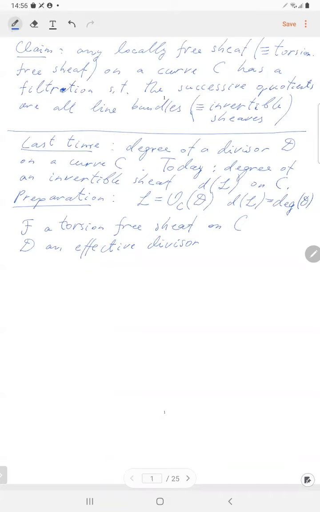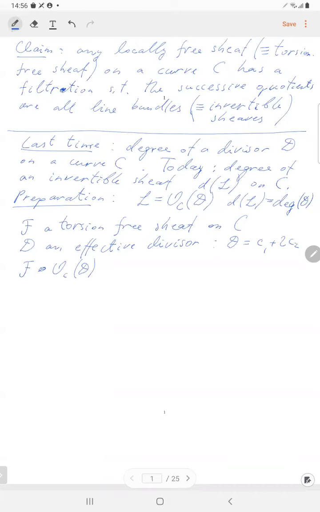Okay, we take an effective divisor like, for example, one point plus twice another point, something like this, and then we can consider F tensor O_C of D, and this has a rather concrete incarnation.